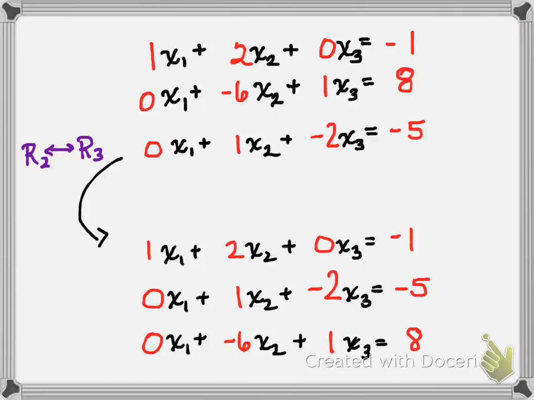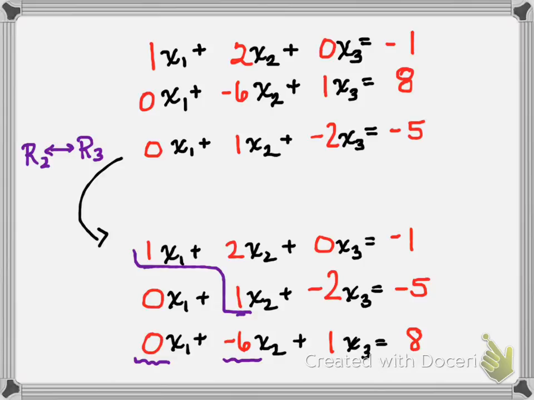So right now I have leading 1s in row 2 and row 3, and they go in stair-step form. What I want now is for this coefficient of x2 in row 3 to be a 0 instead of a negative 6, and I want to do that without affecting this 0 in front of the x1.